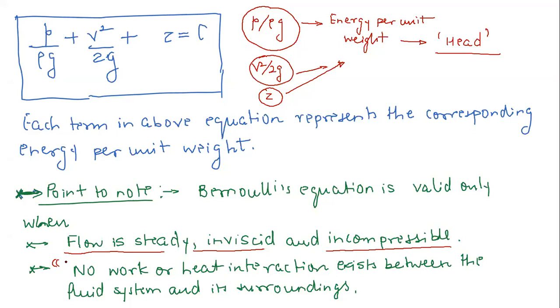But while deriving Bernoulli's equation, always keep in mind that we are assuming there is no work or heat interaction between the fluid system, meaning the system you have considered, whether a control mass system or a control volume system, and the surroundings. Many times students get confused and think that energy transfer is possible across the system for Bernoulli's equation.